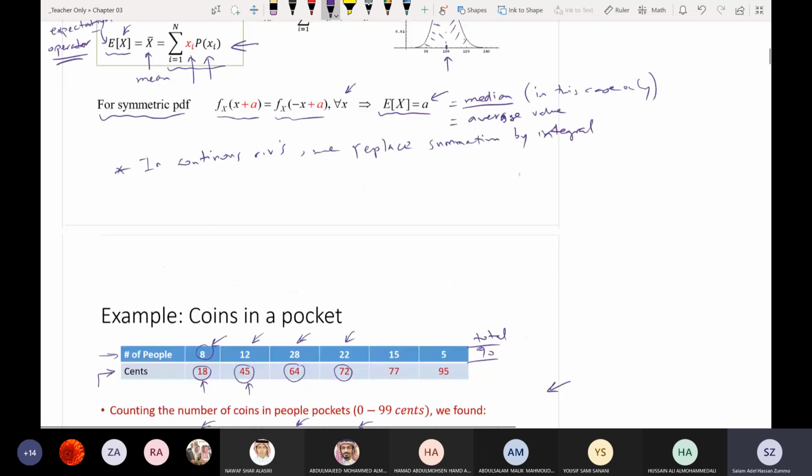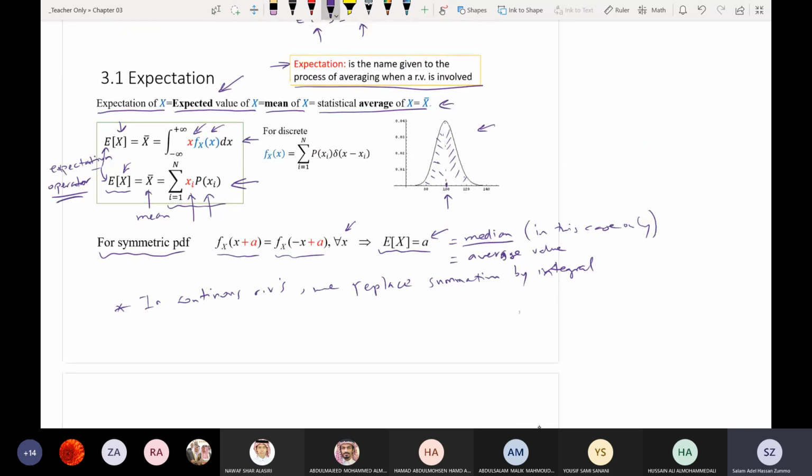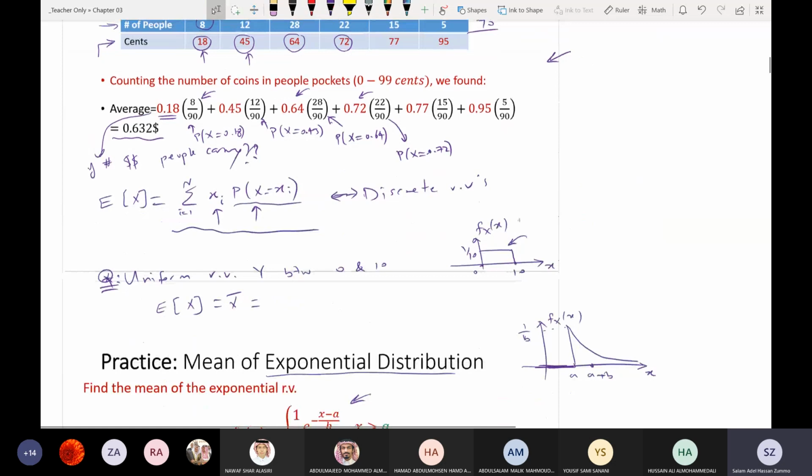How do we solve this? We have the equation above. We integrate over the PDF multiplied by x. So I integrate from minus infinity to infinity x f_X of x. Now, what is the PDF and what is the range of the PDF? The integral should be from where to where?